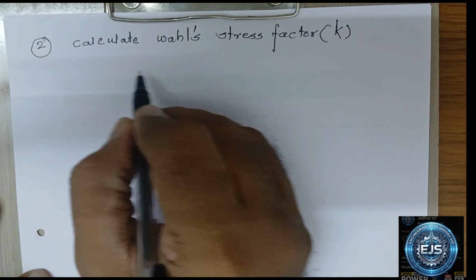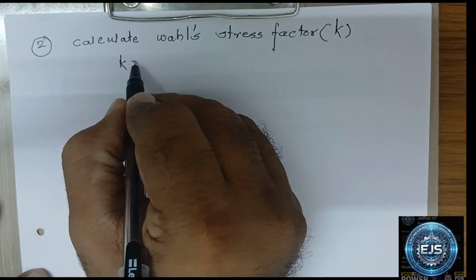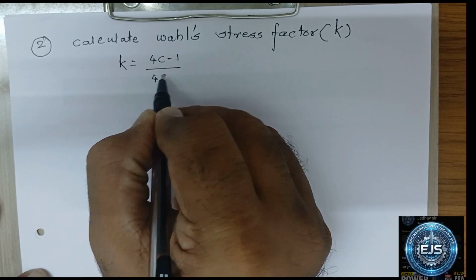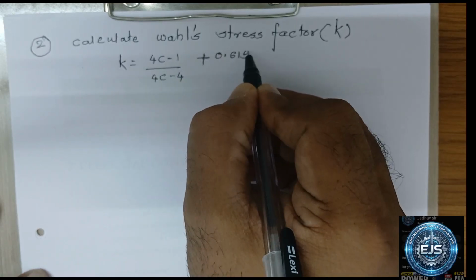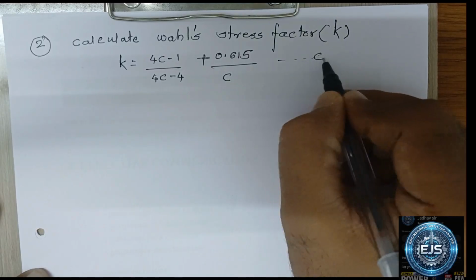Now we require to calculate the wall stress factor, that is K. So wall stress factor, stress concentration factor K is given as 4C minus 1 upon 4C minus 4 plus 0.615 divided by C, where C is the spring index and spring index is given as C is equal to 5.